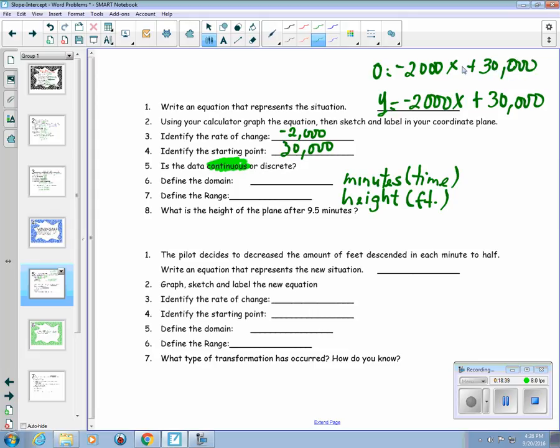And then you can either go to equation solver, or you can take away 30,000 and then divide by negative 2,000. So he's correct. The domain would be from 0 to 15 minutes.